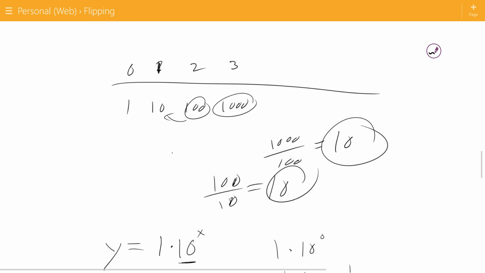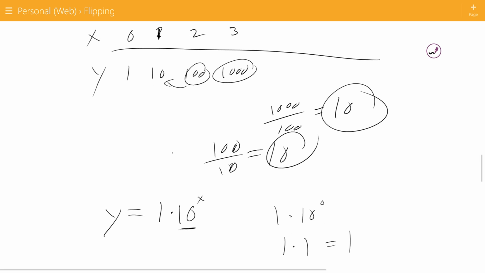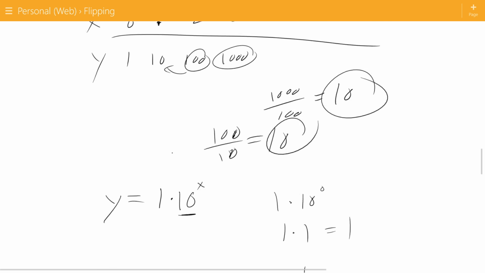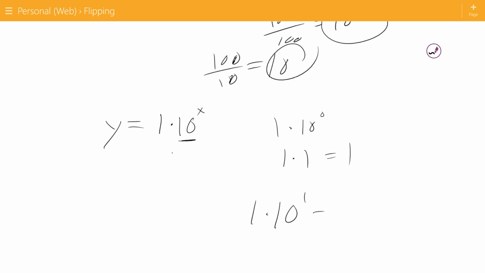This is our x, there's our y. And I can test it out again. If I have 1 times 10 to the 1, then I get 10. 1 times 10 squared equals 100.